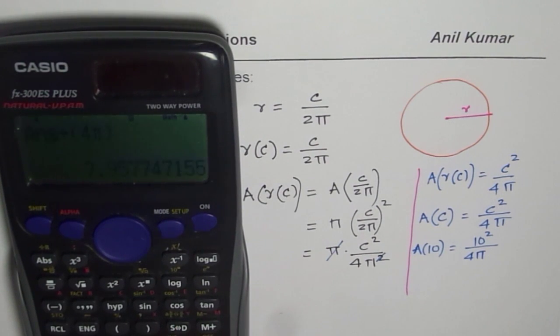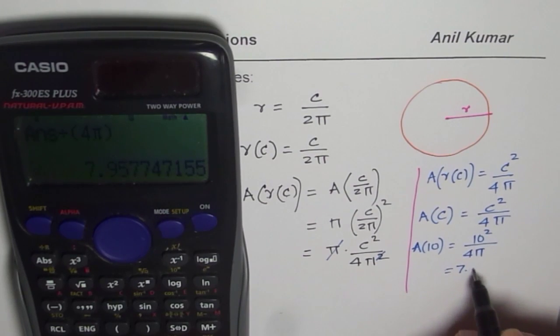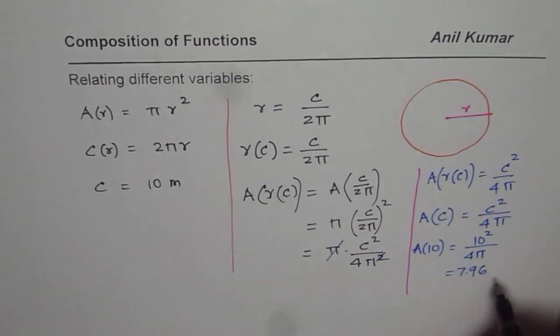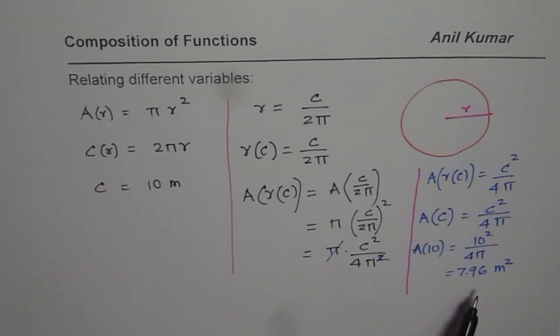So that is equal to area of 7.957, let's say 7.96. The units for circumference is meters, so this unit will be meters square. So that is how you can find area directly from circumference. Do you get the point?